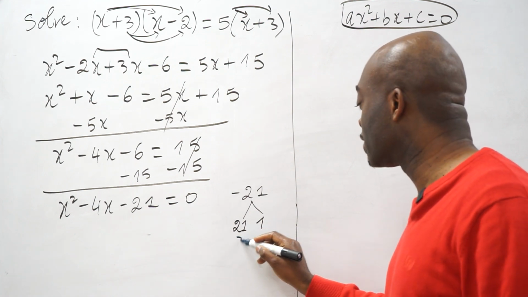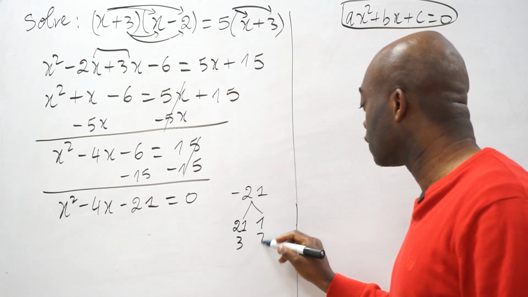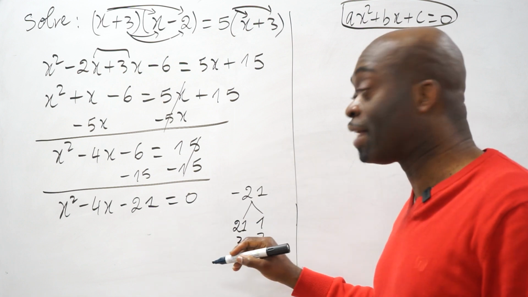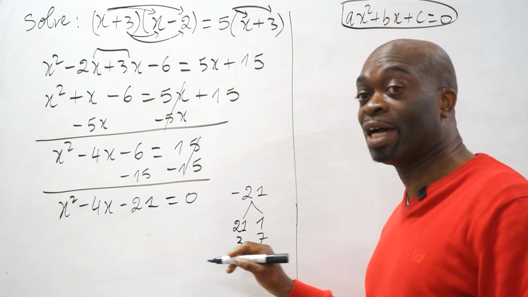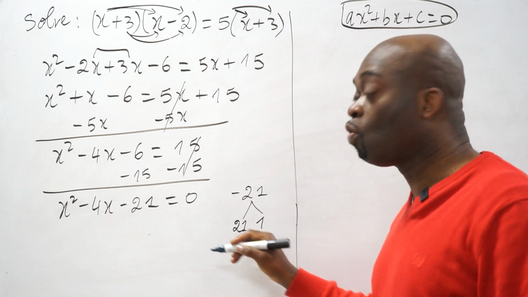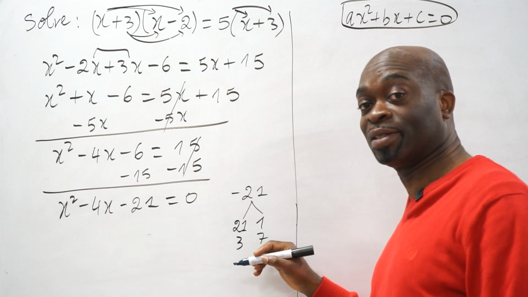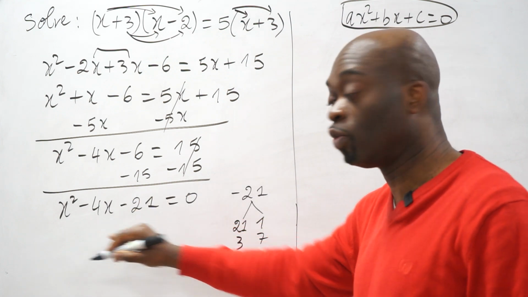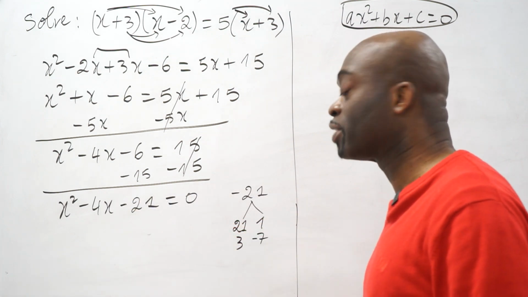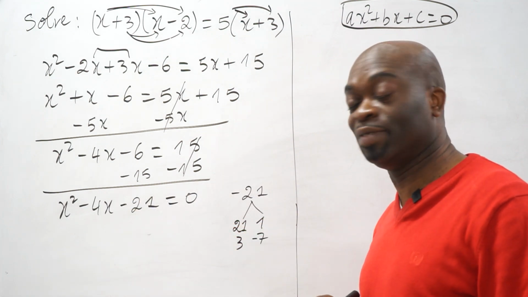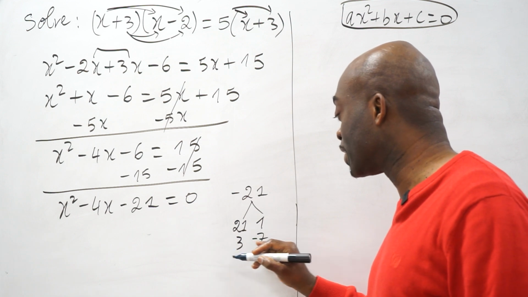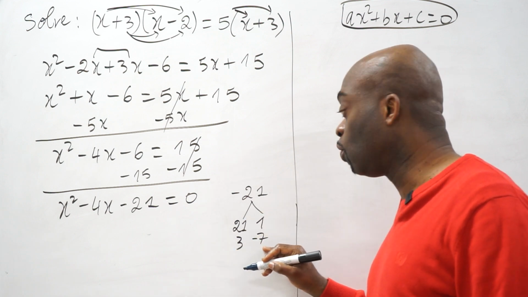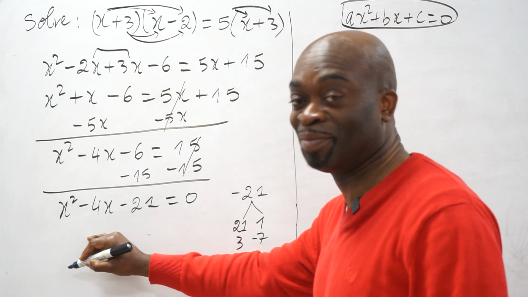So what about 3 and 7? We can already see that 3 times 7 is 21. Now, what about the signs? One has to be negative and the other positive, so that you get negative 21 when multiplying, and negative 4 when adding. The larger number carries the negative sign, because positive 3 times negative 7 is negative 21, and positive 3 minus 7 gives us minus 4.